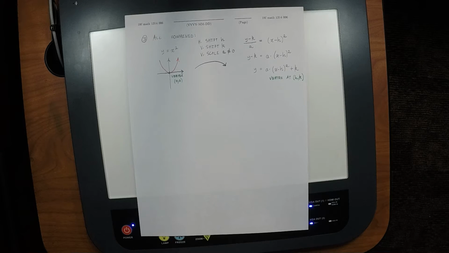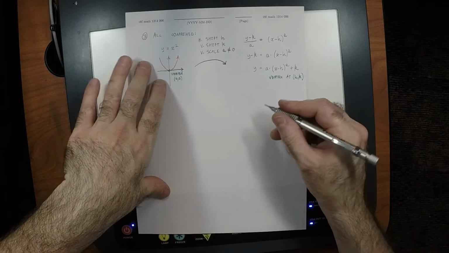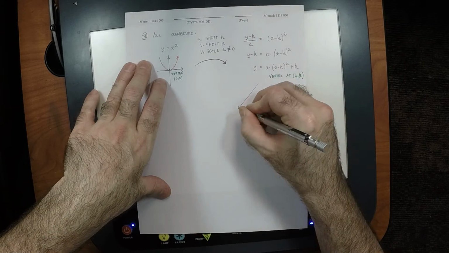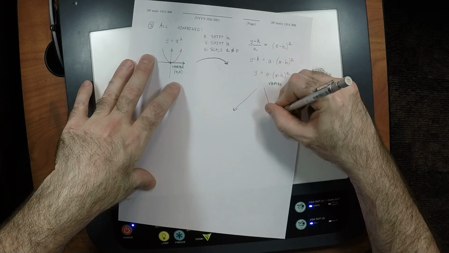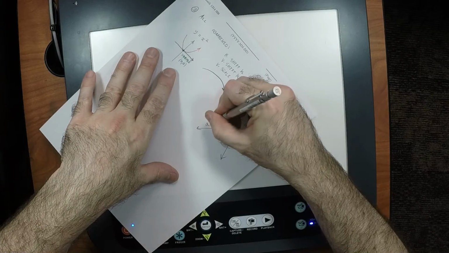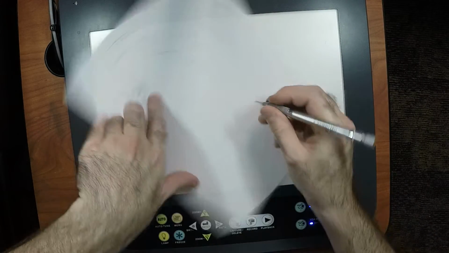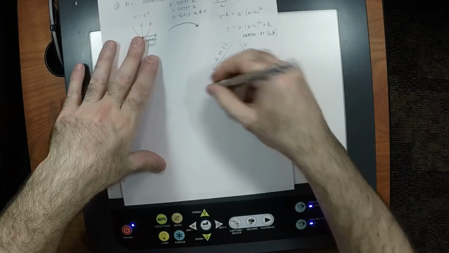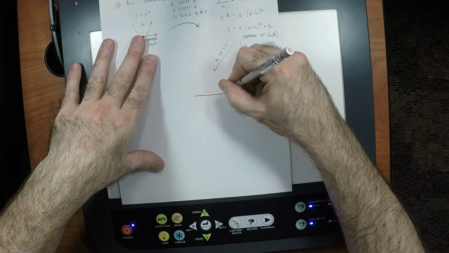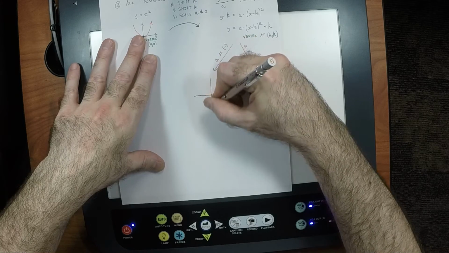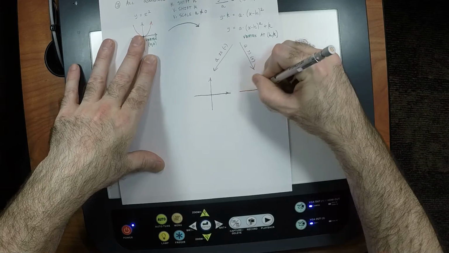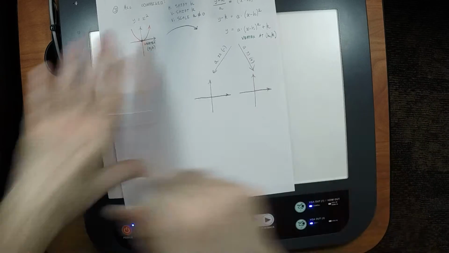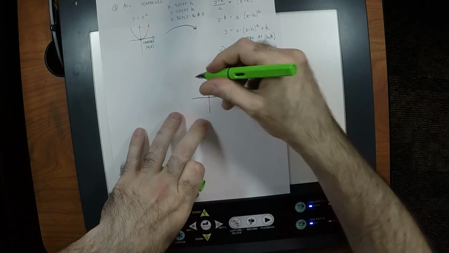Okay, so generally speaking, I'll just do the two possibilities: A is a negative value or A is a positive value. In either case, the vertex has moved to hk. So we're right here.